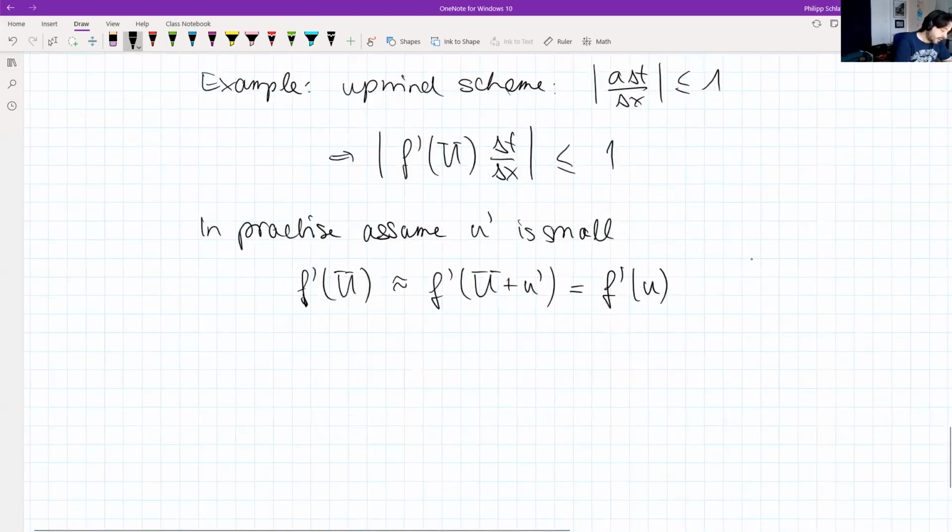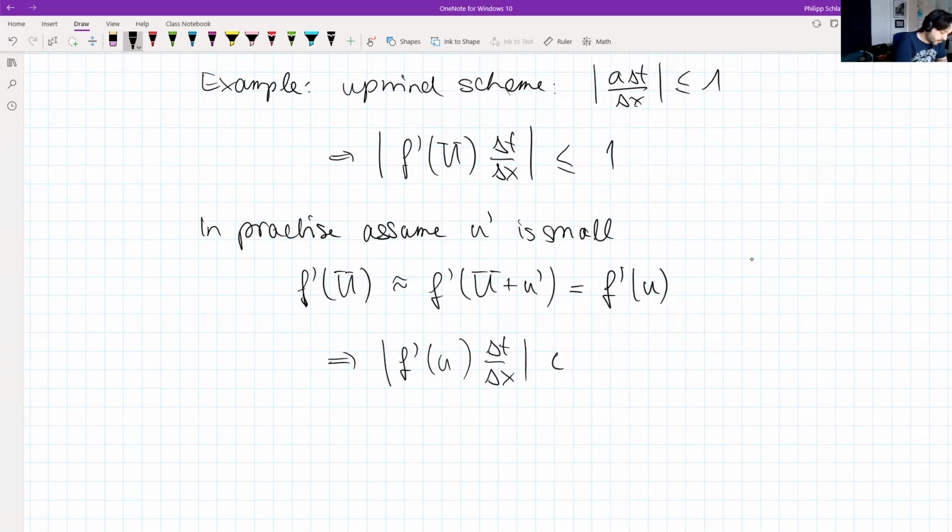So for this particular case, instead of trying to get the stability with the convection speed of capital U, I can say, okay, let's just take a little u inside here. And this now would be the stability bound that I need to consider.